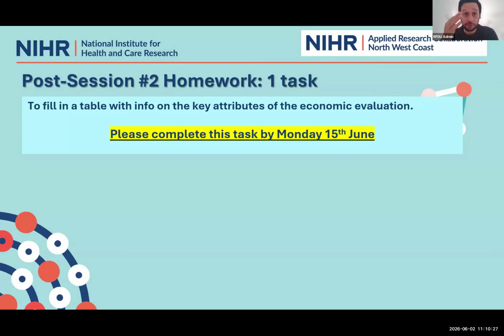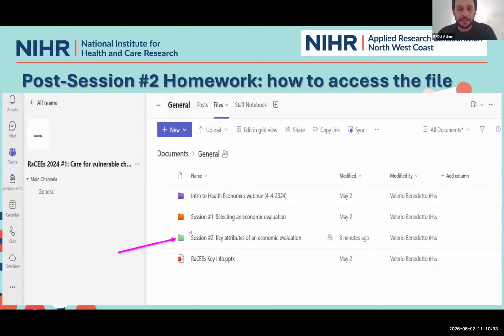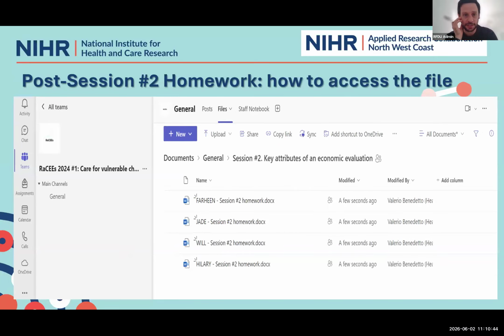Look at your paper and try to find different information about the economic evaluation within the paper. And I'm going to show you the table in a second. So you can find the homework document in the session 2 folder. If you open that folder, you will see a document with your name on it.